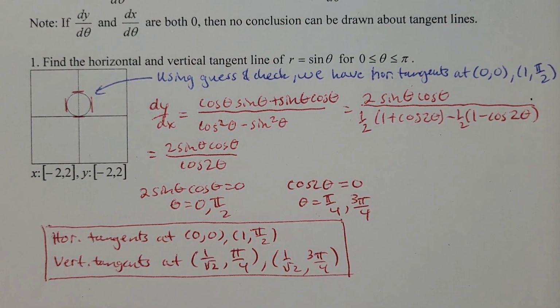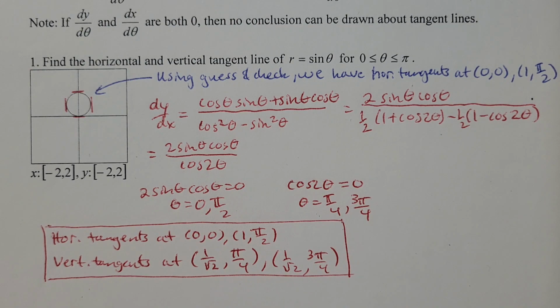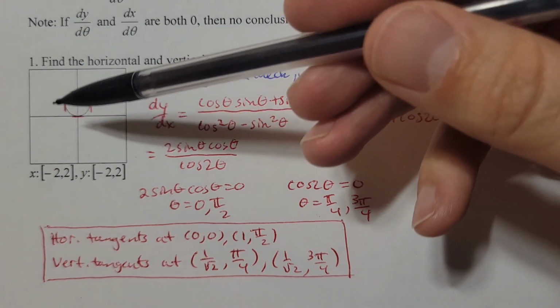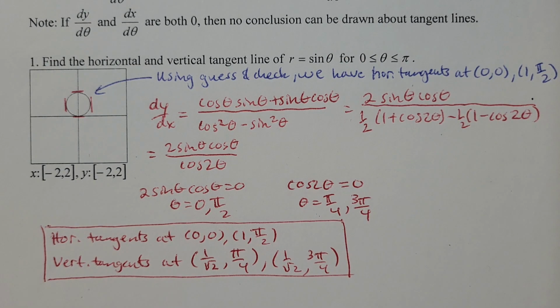Let's take a look at problem 1. They want us to find the horizontal and vertical tangent lines of r equals sine theta for theta ranging between 0 and pi. By the way, we can completely draw out this circle once on the interval 0 to pi, while a lot of polar curves need the interval 0 to 2 pi, just not circles.